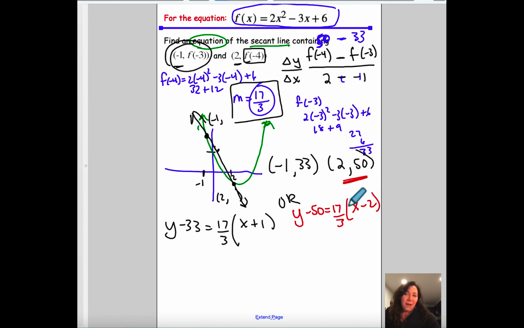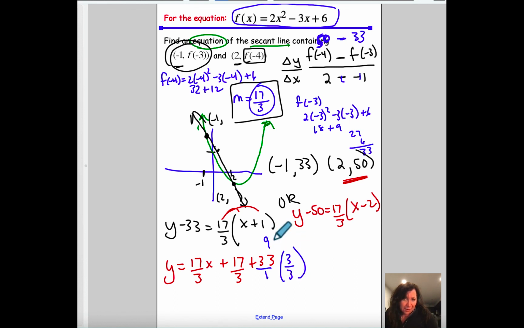Anyway, let's see what we have here. On the left side, we're going to go y equals, I'm going to distribute here, and then move the 33 over. So I'm going to get 17 thirds x plus 17 thirds, and then add 33. So I need a common denominator, which is going to be 3. So that's 99.